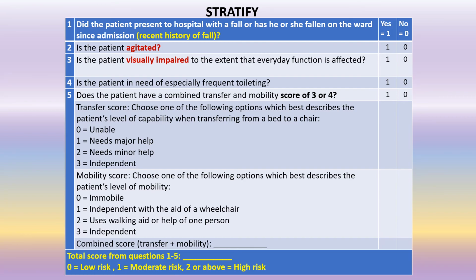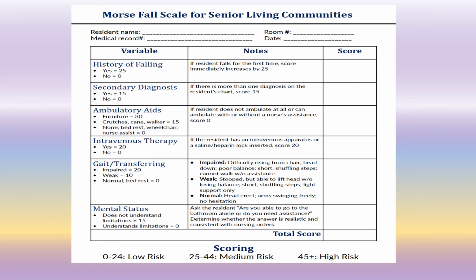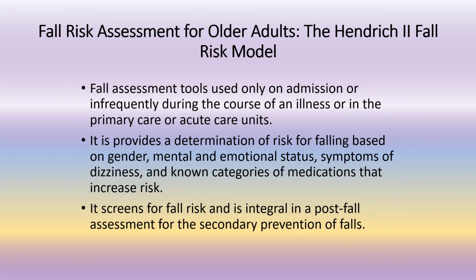Please go through. We have here the Morse fall scale, which is a little bit different, and I want you to go through it. I'm not going to go through it in details, but please go through it. We have another example of assessment tool, which is the Hendrich risk model, which is used on admission or infrequently during the course of an illness or in the primary care or acute care units.